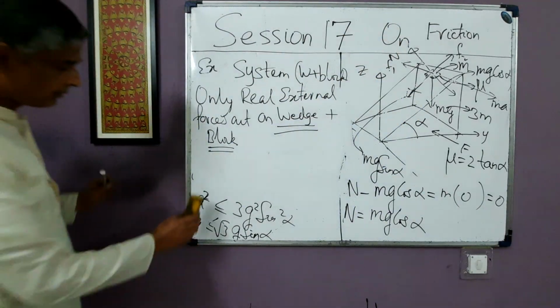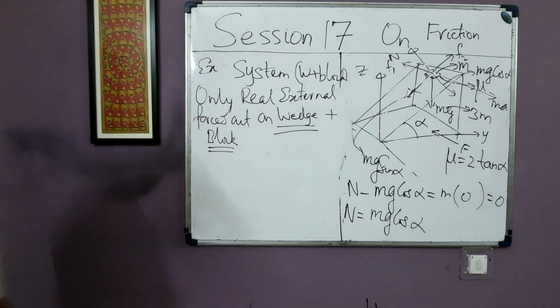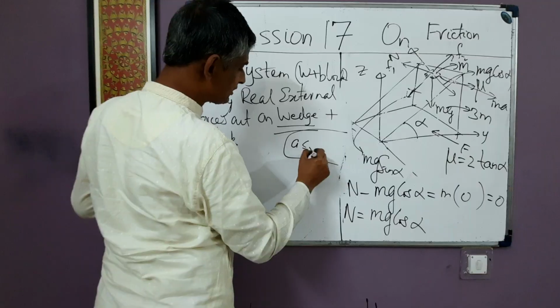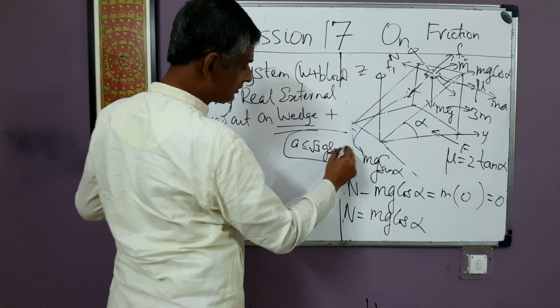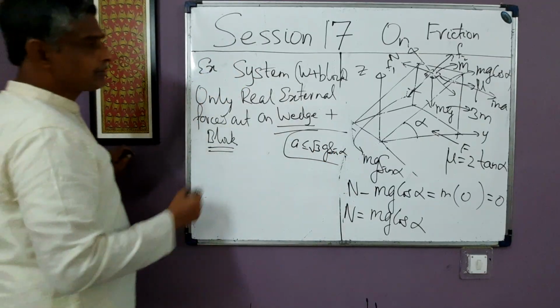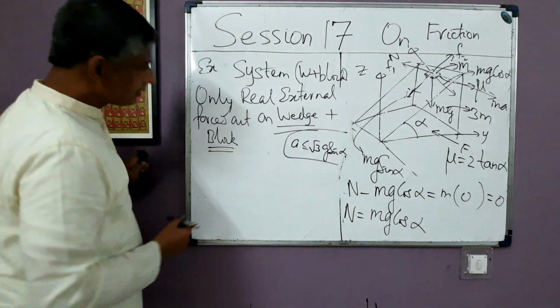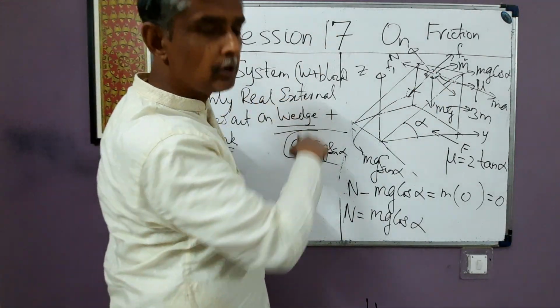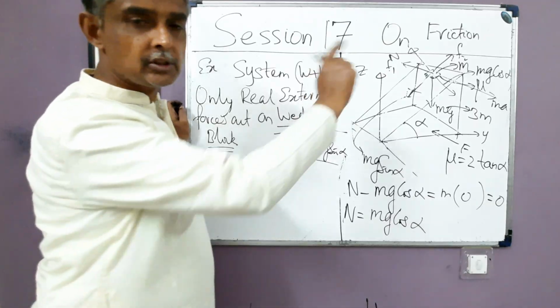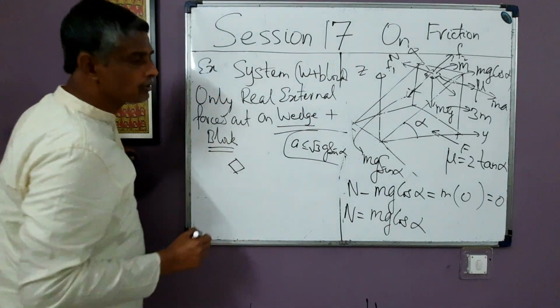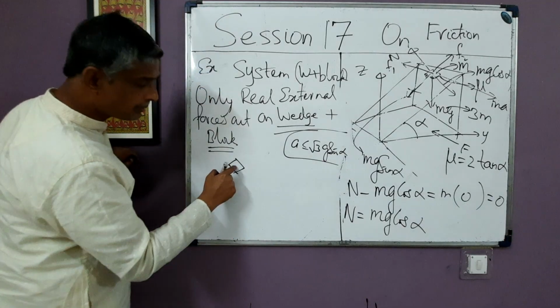So I'll write here: a is less than or equal to root 3g sin alpha. This I'll use. Now I'll list out the forces acting on the block, all the real forces. Because the combined equation is written with respect to ground, as seen from ground only real forces will act, no pseudo force. This is the block.